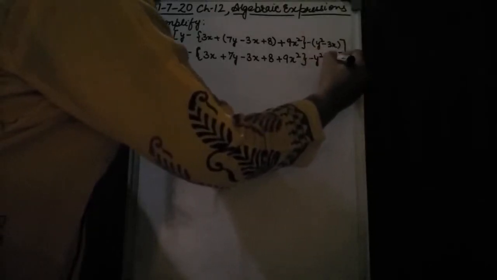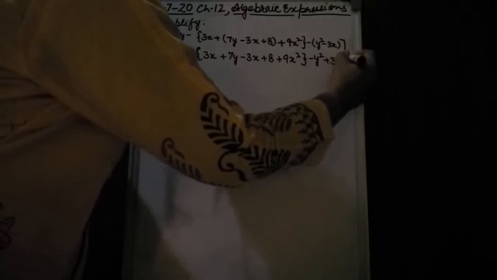Write all the terms as they are, plus 9x square and curly bracket. Now open this small bracket. As a negative sign is there, the signs of all the terms will change: minus y square plus 3x. So you have removed first the small bracket.